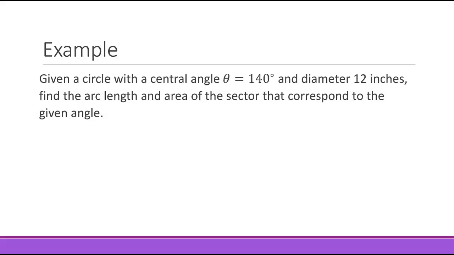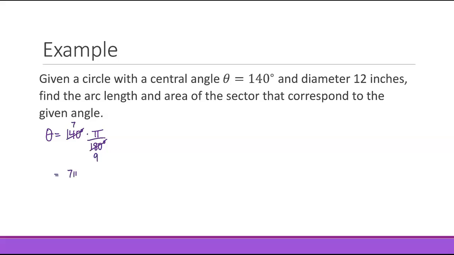So I'm going to start by saying theta is 140 degrees. I'm going to multiply by pi over 180 degrees. And now degrees will cancel, and I'll be able to reduce this. They're both divisible by 20, so I'm going to get 7 over 9.